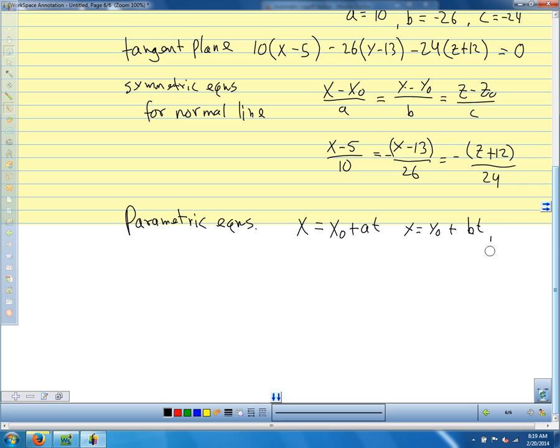And z equals z0 plus ct. So if we want parametric equations, we get x equals 5 plus 10t, y equals 13 minus 26t, and z equals z0, negative 12, minus 24t. So those are symmetric equations, those are parametric equations.